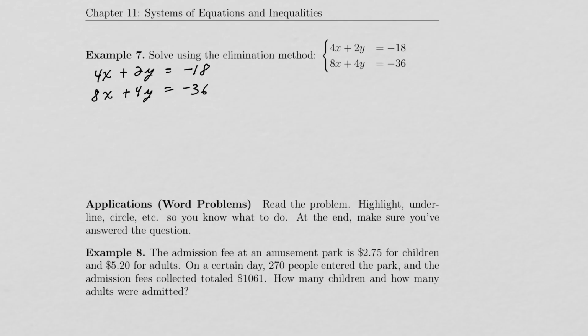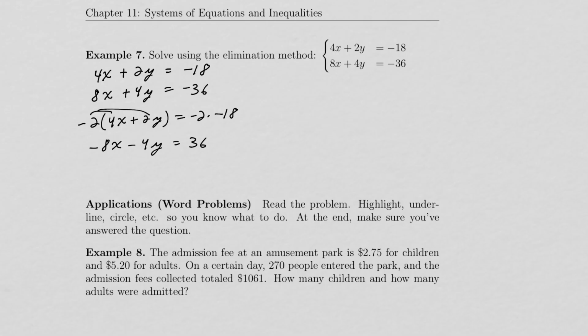We'll notice here the lowest common multiple of 2 and 4 is 4, right? So I already have a positive 4 here. I'd like to get a negative 4 here. Well, I can do that if I multiply this whole equation, both sides, by negative 2, right? So I'm going to multiply the first equation by negative 2. And again, don't forget to do both sides. So this is going to be negative 8x negative 4y is equal to positive 36.